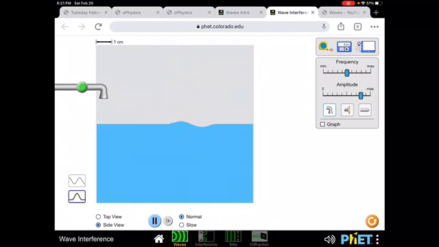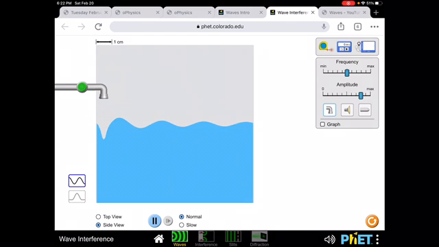Now, what if we had the water continue to drip? Let's try that. If we had the water continue to drip, we could create what is called a standing wave. So the wave just keeps going.